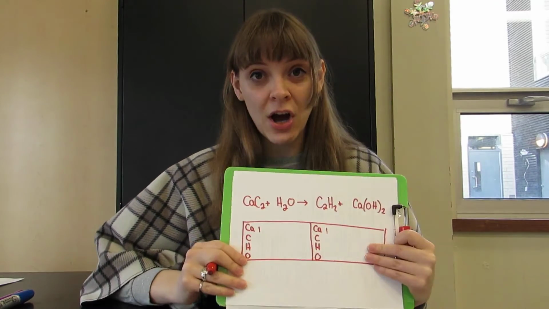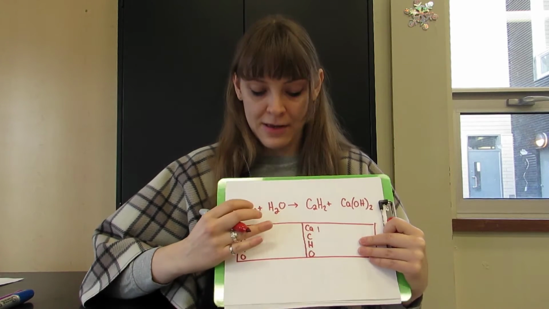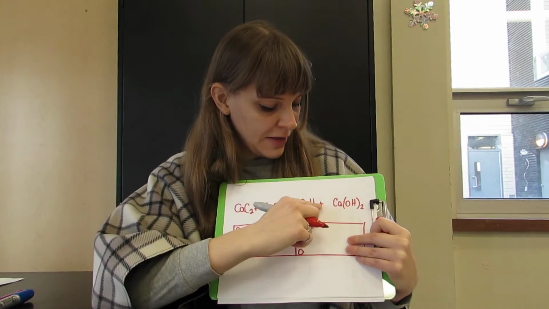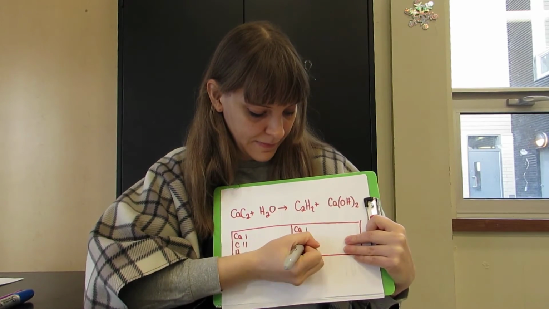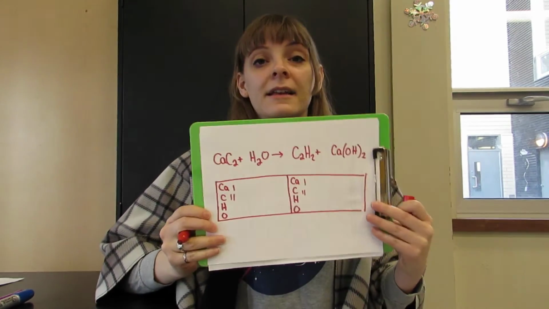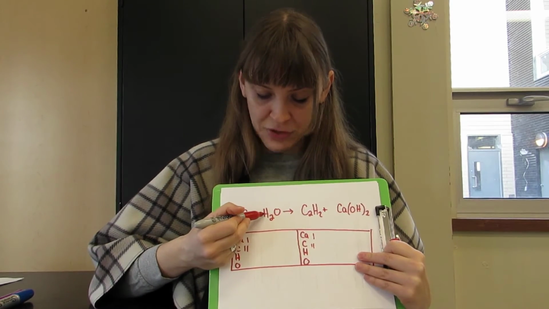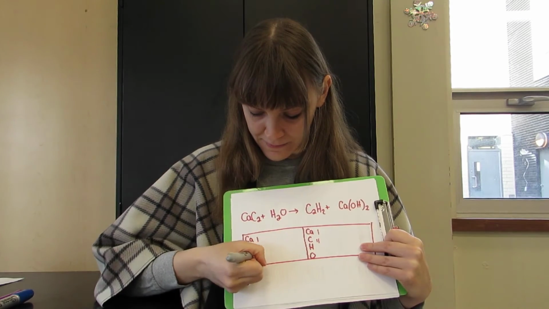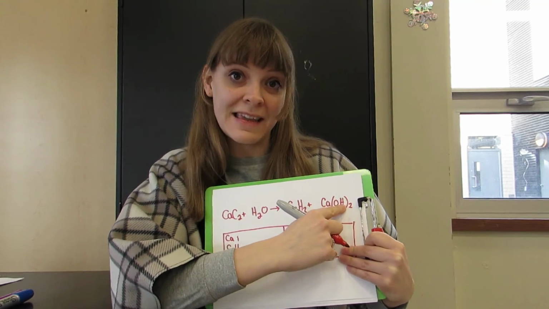Now let's take a look at carbon. We have a little 2 next to it, the subscript. So we have 2 carbon on this side. And if we look on this side, we also have 2 carbons on this side. Now, let's take a look at our hydrogens. We have 2 hydrogens on our reactant side. And if we look here, we have 2 hydrogens here, but we also have hydrogen here.